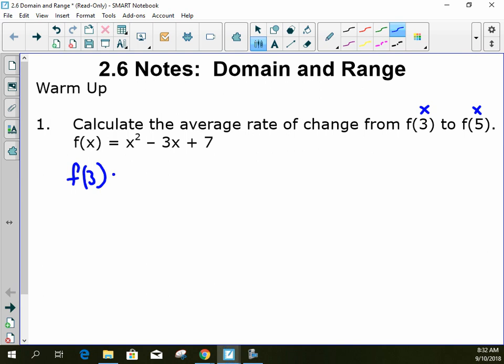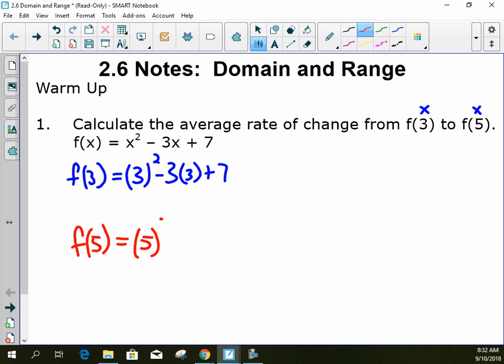So f of 3 equals, put that in parentheses, 3 squared minus 3 times 3 plus 7. F of 5 equals 5 squared minus 3 times 5 plus 7.